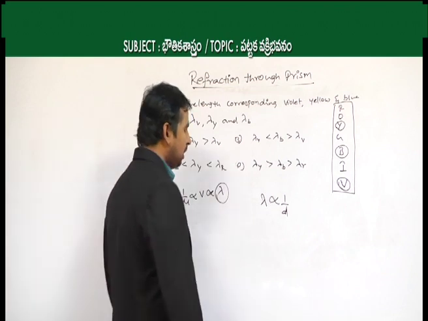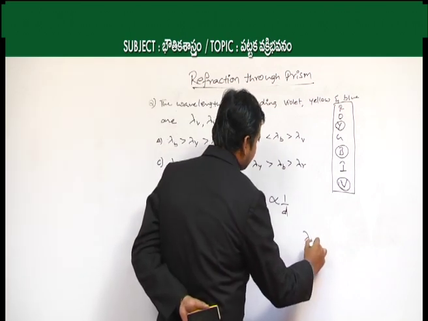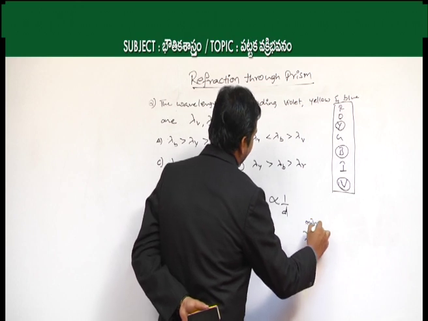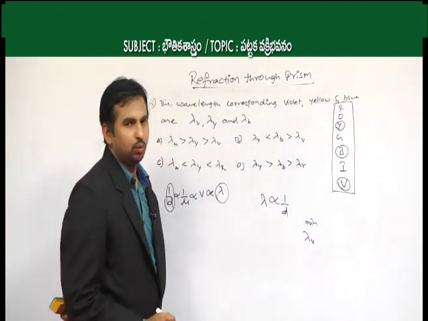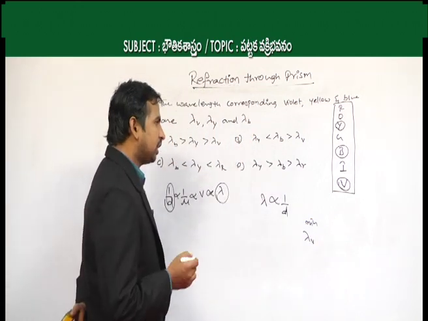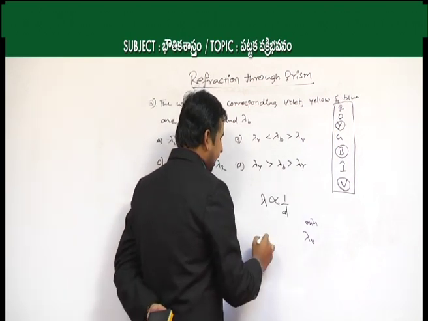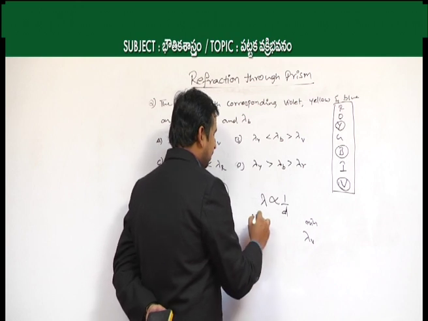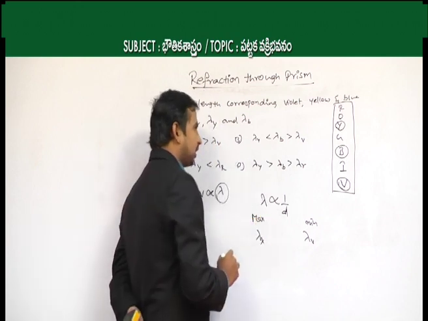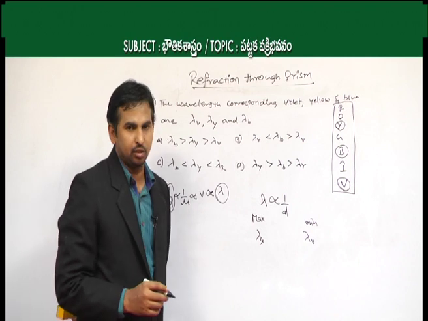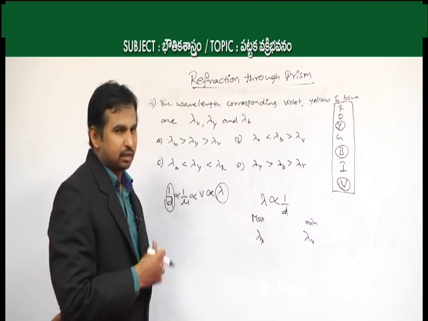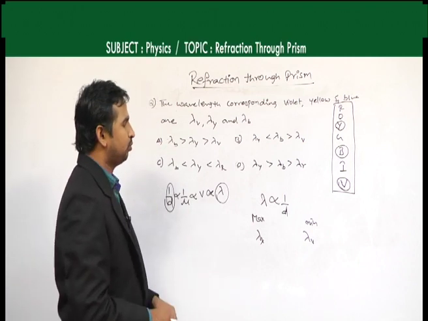So, the minimum wavelength is for violet color. And after that, the deviation for yellow color is the minimum, so the maximum wavelength is for yellow color, because as the deviation is less, the wavelength is more.